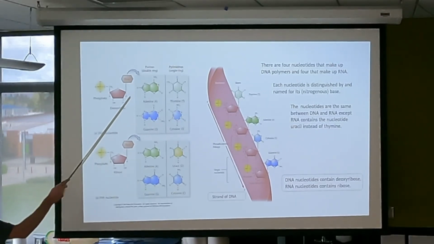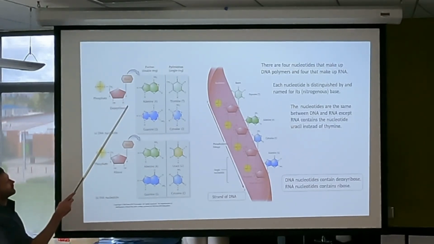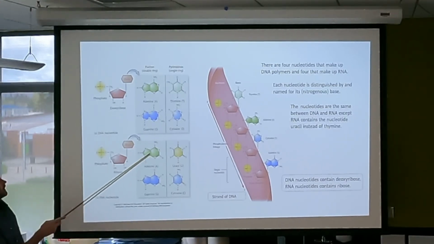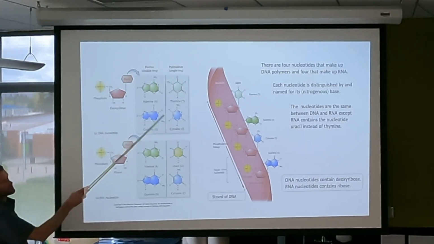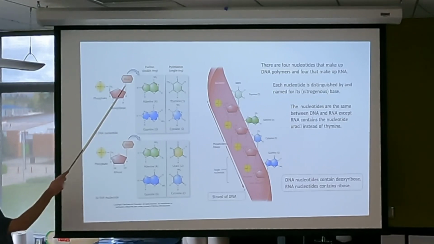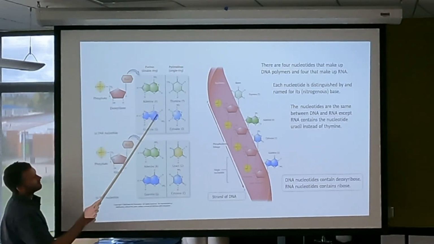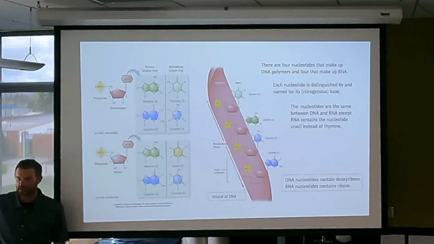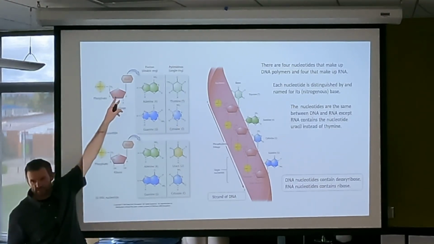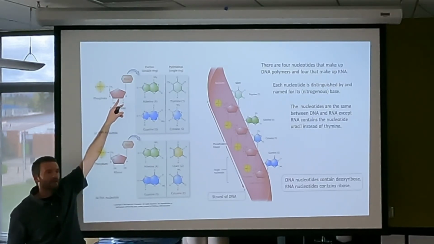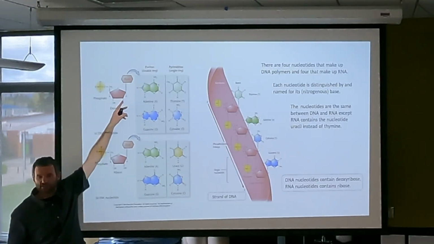The only thing that differs between these 4 nucleotides for DNA and the same for RNA is this nitrogenous base. They just put a base here as kind of a placeholder, but these are the 4 different possibilities of nitrogenous bases that can be attached to this nucleotide. And these nucleotides are named for the nitrogenous base that's on there.